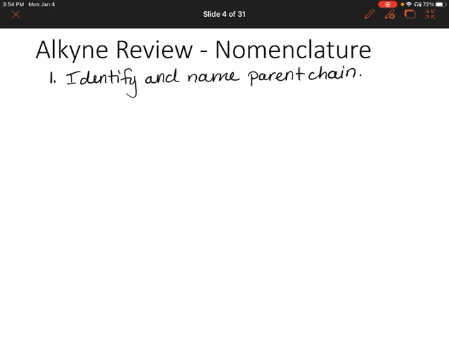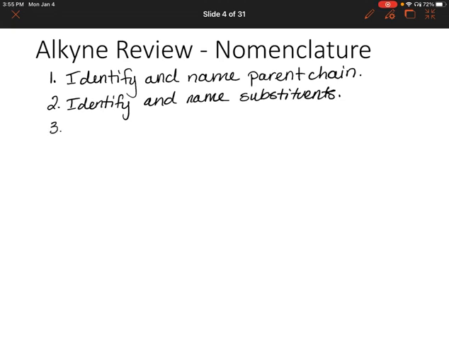And you want to make sure that the parent chain includes the triple bond. Then you're going to identify and name any substituents. Then you're going to number the parent chain and assign a number to each substituent.